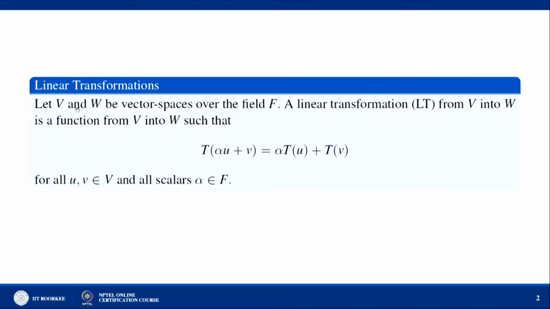Let V and W be two vector spaces over the field F. A linear transformation, also called LT, from V into W is a function from V into W such that T of alpha u plus v is equal to alpha T u plus T v for every u, v in V and for all scalars alpha in the field.